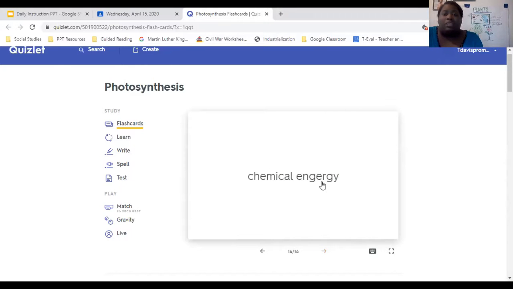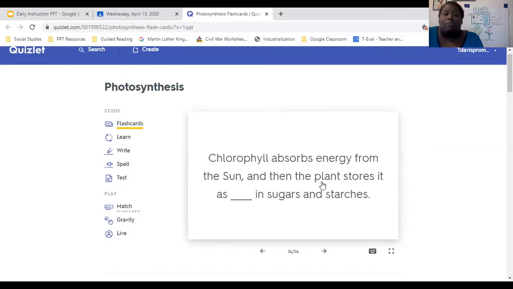And the last one is chemical energy. The chlorophyll absorbs energy from the sun, which is sunlight energy, and then the plant stores it as glucose, which is chemical energy, in sugars and starches.